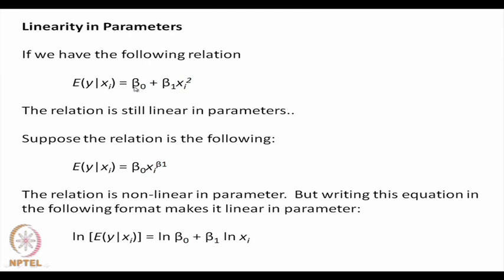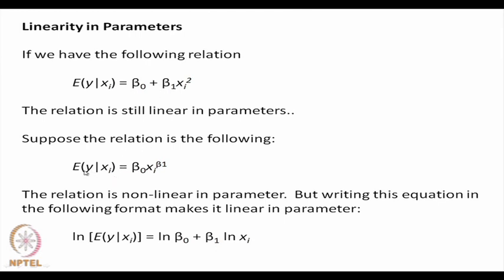Therefore, if we have a relationship such as this, although this contains xi square, it is actually numerical data. Y is also numerical data. Therefore, the only unknown quantities are beta 0 and beta 1. Thus, it is linear in parameters.